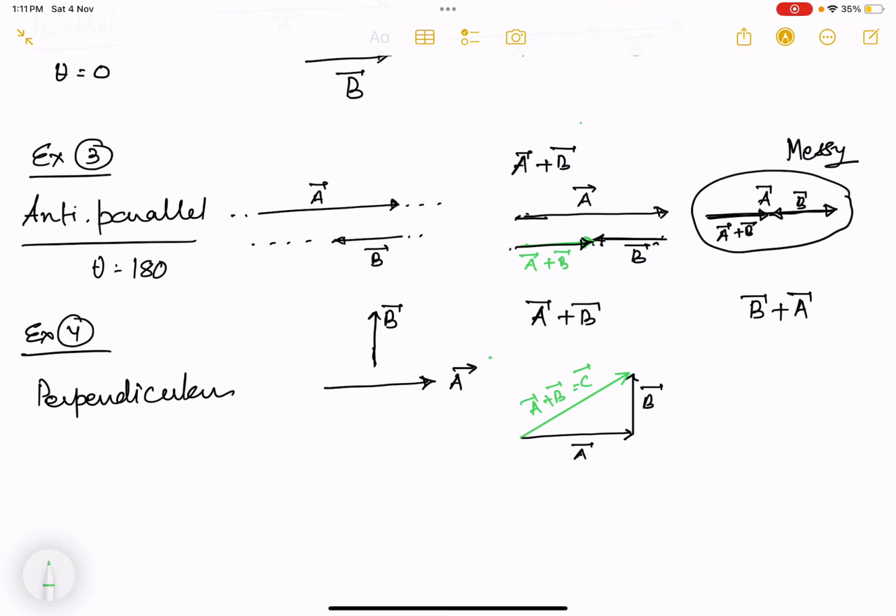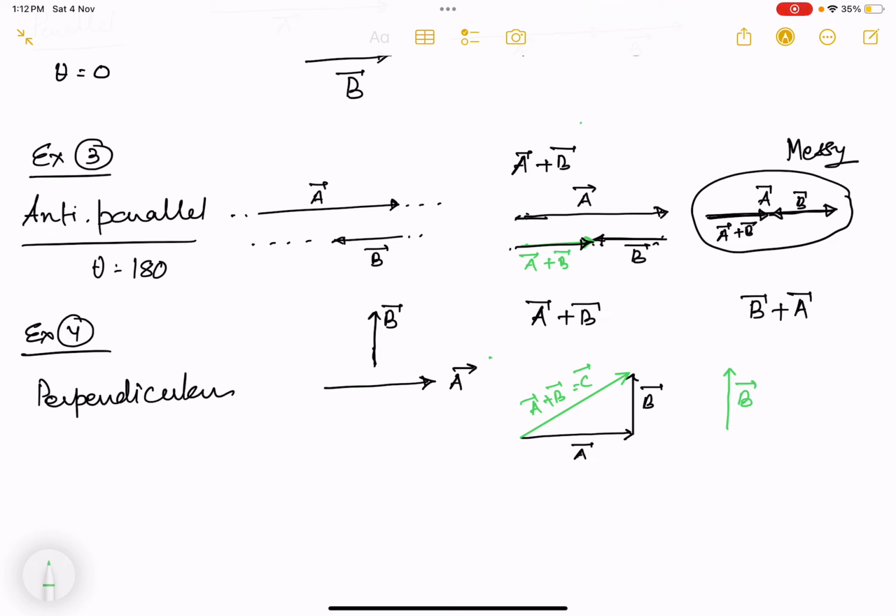Now how do I get B plus A? पहले B ट्रांसलेट करें. पहले हम B ट्रांसलेट करेंगे. So पहले हम B को ट्रांसलेट कर लिए. अब हम उसके हेड पे क्या रखेंगे?